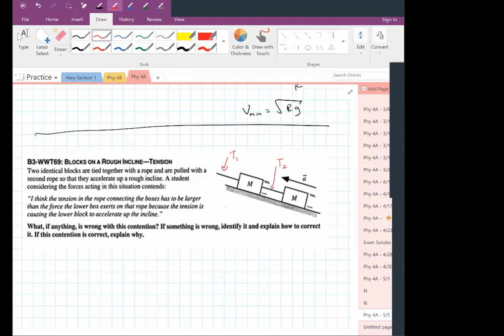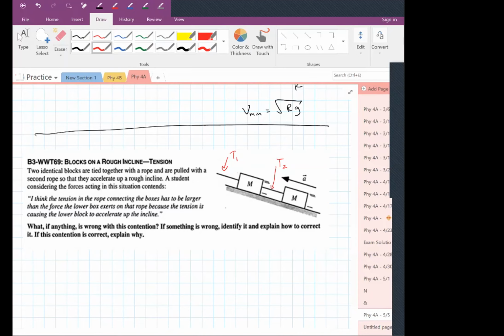T1, because T1 is accelerating 2m up the incline, but T2 is only accelerating m up the incline. So T1 has to be a lot bigger, right? Probably twice as big. I haven't thought about friction. Yeah, friction force is the same for both of them, right? So T1 would have to be twice as much.